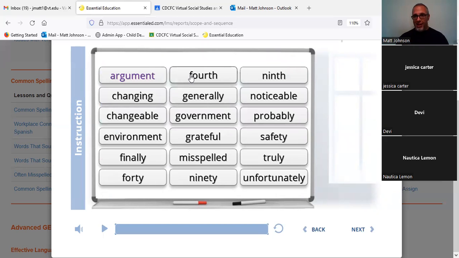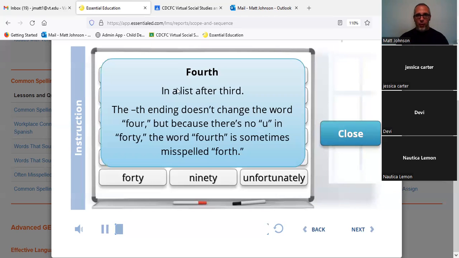Fourth, we talked about this a little bit before. Fourth. In a list, after third. The TH ending doesn't change the word four, but because there is no U in forty, the word fourth is sometimes misspelled FORTH. Yeah, and why do we do that? I don't know. But we know four is spelled FOUR.